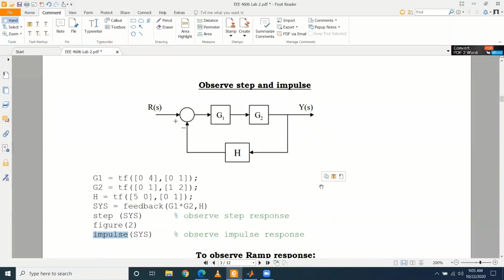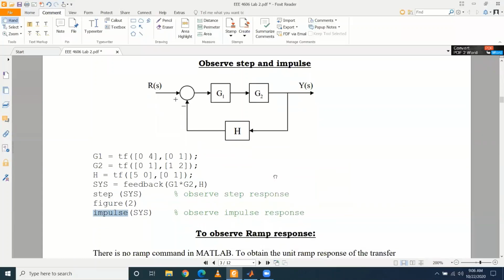Yes, sir. Then it will be negative feedback with H. So you can use series G1, G2 first, then use the feedback command, or since we know that series means multiplication, you can directly use the feedback command. G1 multiplied by G2 will be in feedback with H directly, right? Yes, sir. Then you can use step for the step response and impulse for the impulse response.